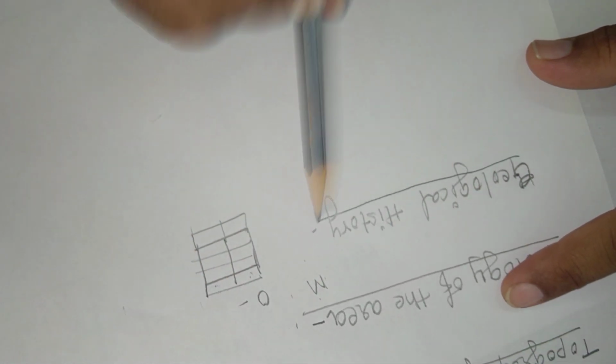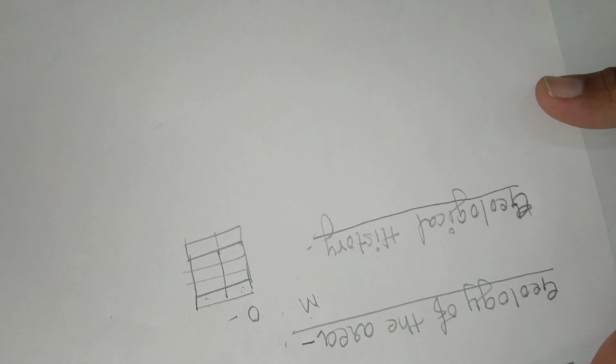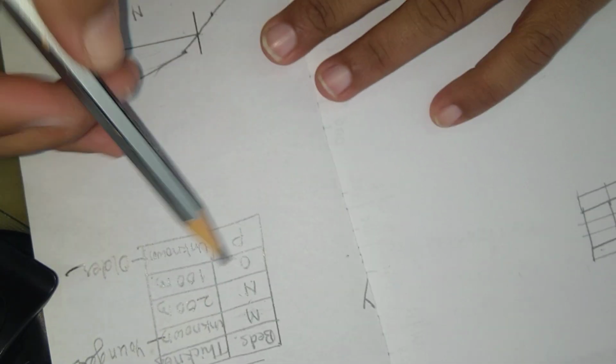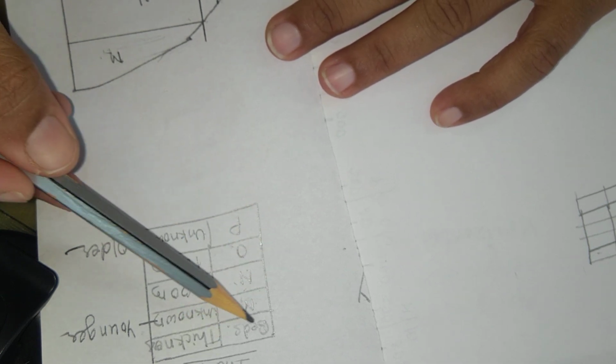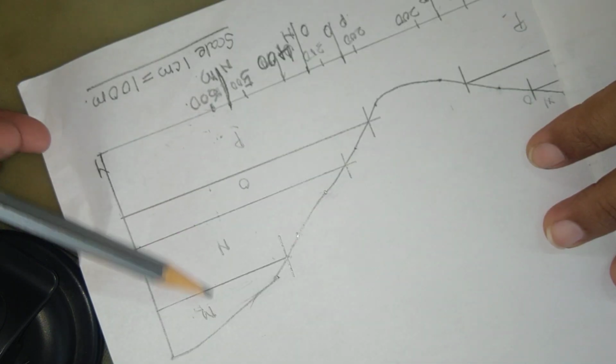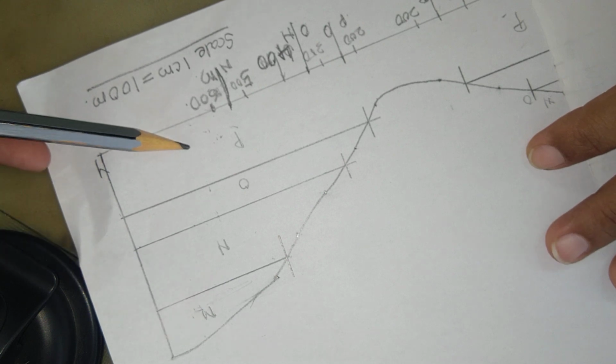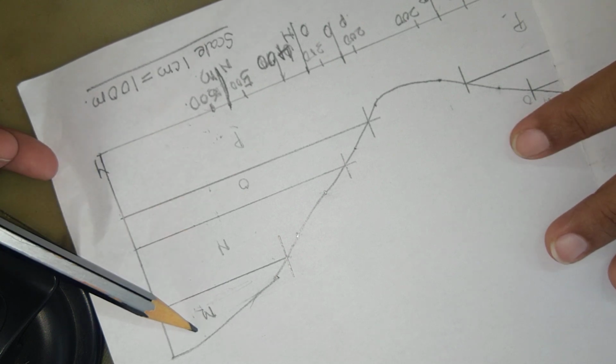Then next is geological history. Here we can tell the history. These are bedded rocks, so obviously they are sedimentary rocks, and we know sedimentary rocks are formed by the deposition of beds or layers one above the other.